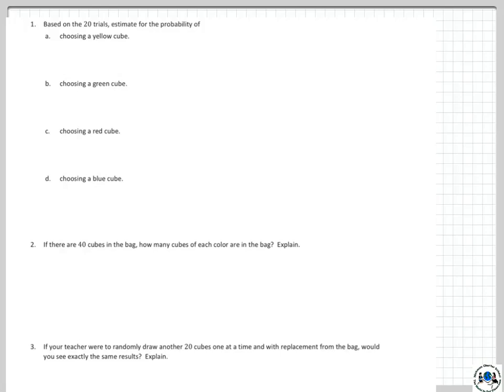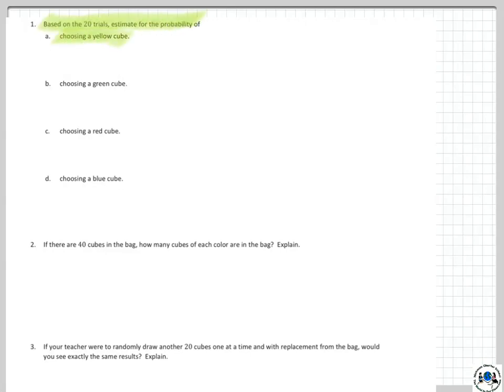All right. So now, based on the 20 trials, and again, you don't have any information about how many cubes are in that bag. You don't know exactly how many colors are in that bag. You may be getting an idea of both of those things. But based on the 20 trials, estimate the probability of choosing a yellow cube.